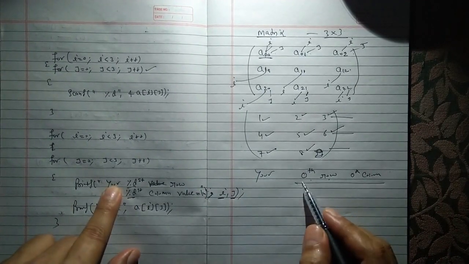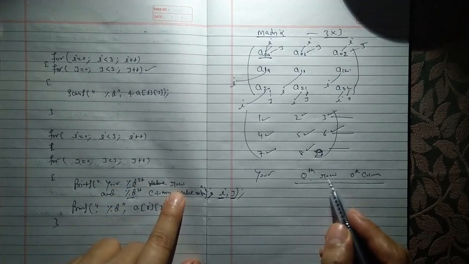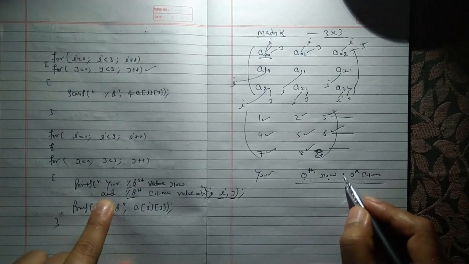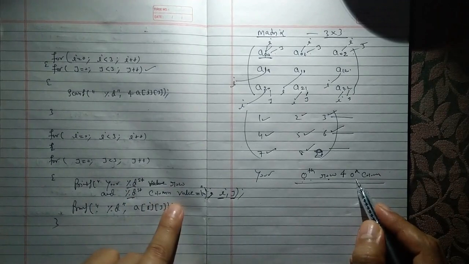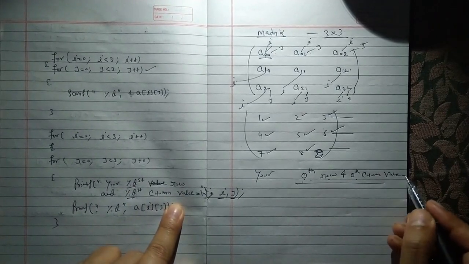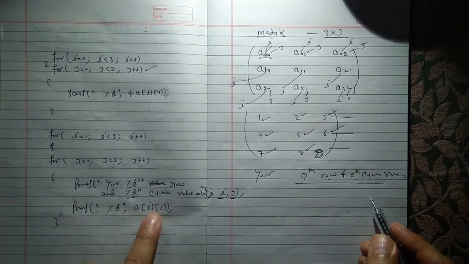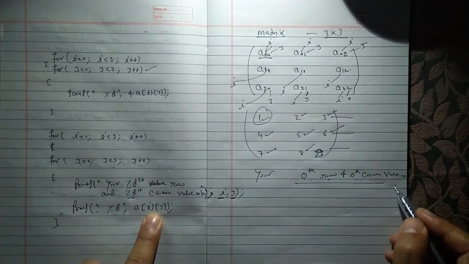So your zeroth row and zeroth column value is equal to a[0][0]. What is a[0][0]? a[0][0] is equal to 1.